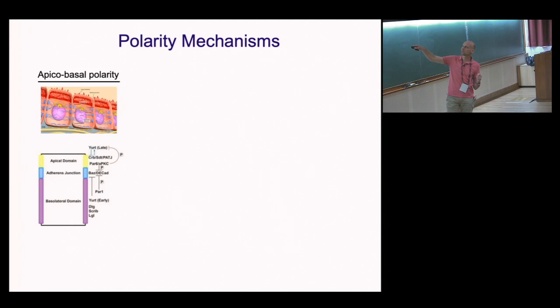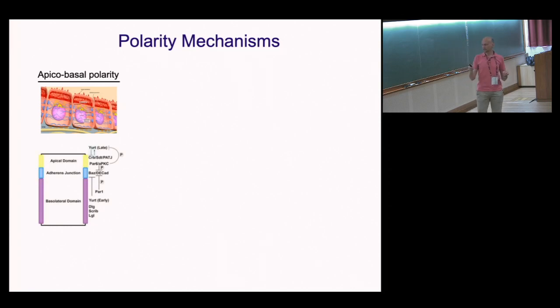The ones sitting up here tend to repress the ones down here, and vice versa. Secondly, these complexes also couple to adhesion molecules that connect the neighboring cells. This is very important because these junctions make tight diffusion barriers between cells, which is, for example, required for the epithelium to separate outside from inside. So in this case, polarity is essentially set up along the apicobasal axis of the cell.